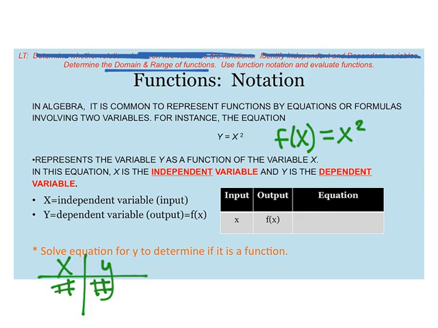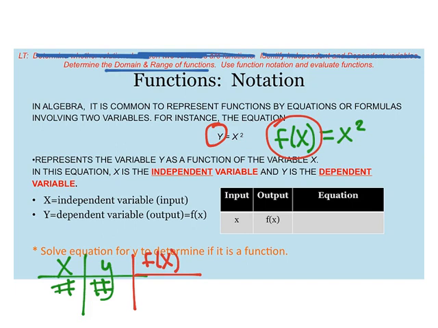Please hear me when I say that the f of x and the y can function interchangeably. The f of x is the same thing. It's acting as the same thing, meaning if I plug in this x value, what comes out is going to be the y value, or the function of x value.